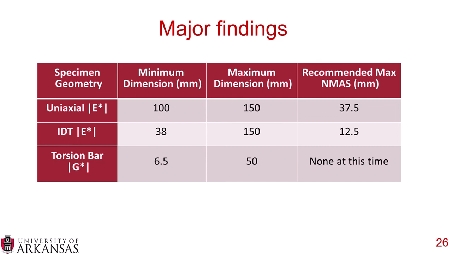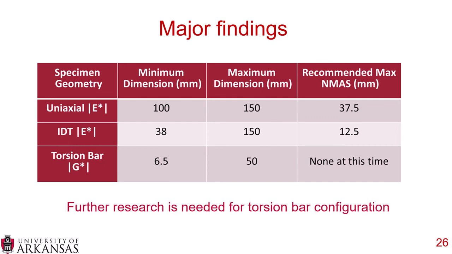But we think we should have caution using the IDT configuration if the aggregate size is above 12.5. And we feel that we really can't make a recommendation for the torsion bar, or we feel that there's just not enough data and there's too many unknowns for the recommended maximum nominal aggregate size. So we do feel that there is some future research needed, especially for the torsion bar configuration.